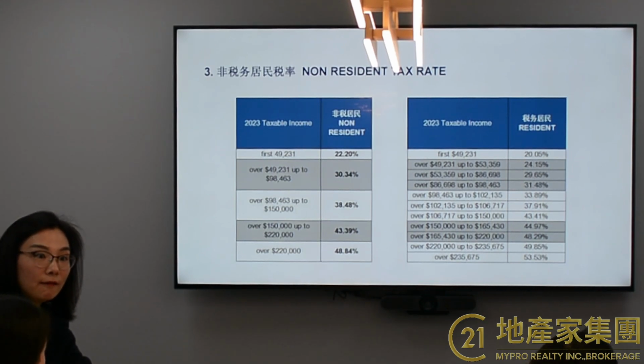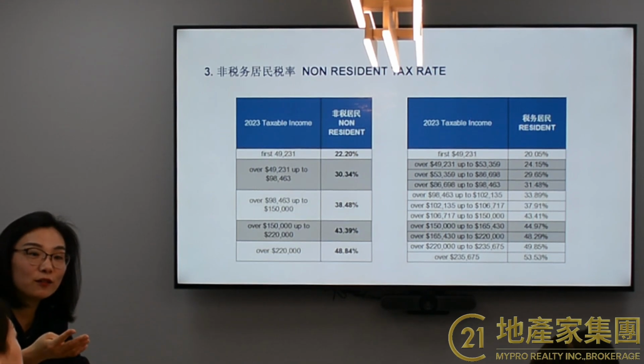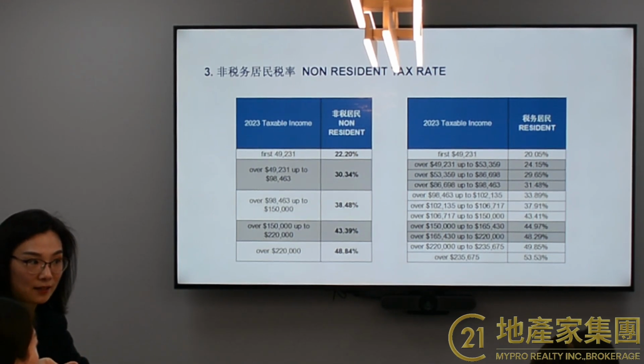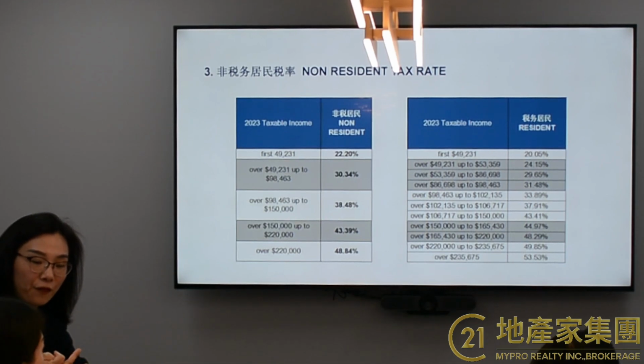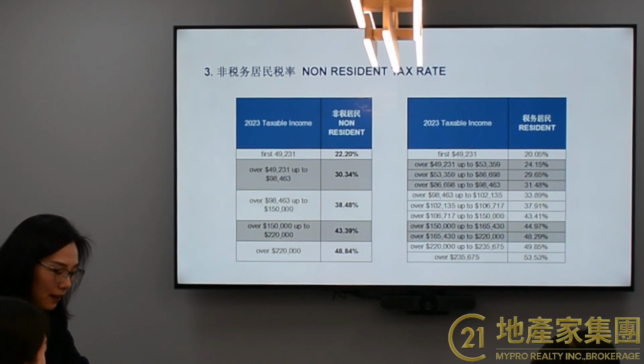So before doing this, they have to report it. Non-residents really pay a lot of accounting fees for that. The federal government calls it the underused housing tax, and Toronto has its own vacant home tax. So they need to pay a lot of tax and accounting fees.